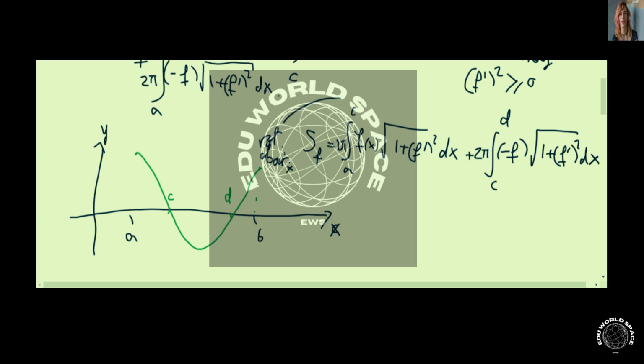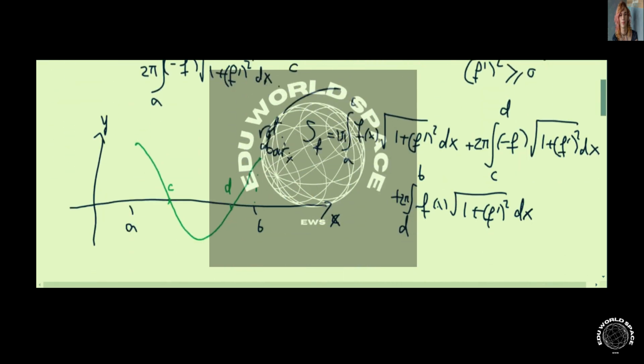And then from D up to B, f is positive, so the sign of f is unchanged, so it will be 2 pi times f of x times the square root of 1 plus f prime of x squared dx.